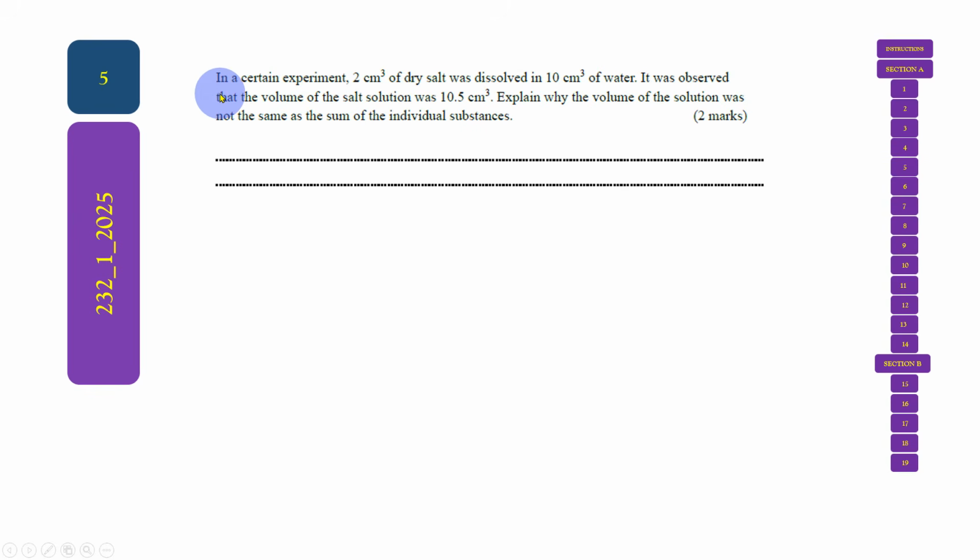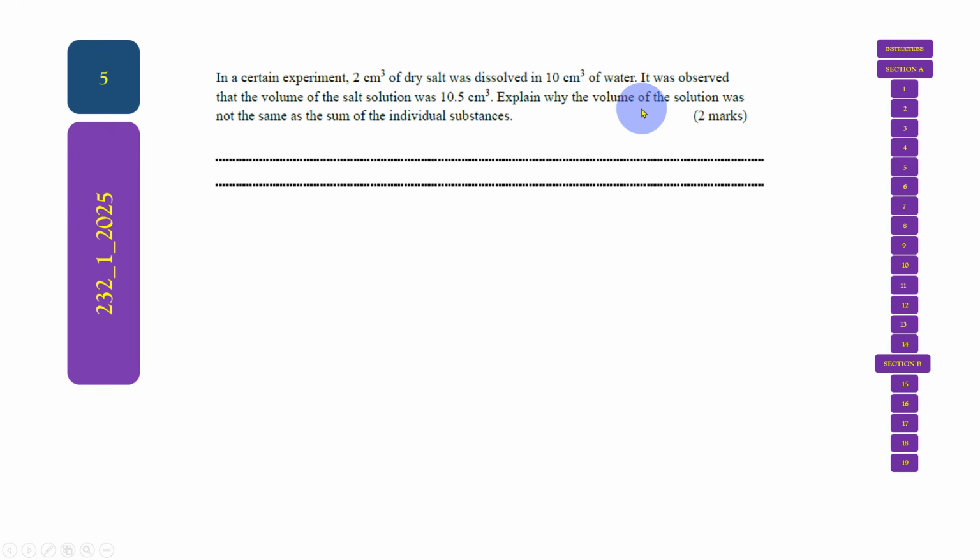Question 5. In question 5, we are given that in a certain experiment, 2 centimeters cubed of dry salt is dissolved in 10 centimeters cubed of water. It was observed that the volume of the salt solution was 10.5 centimeters cubed.